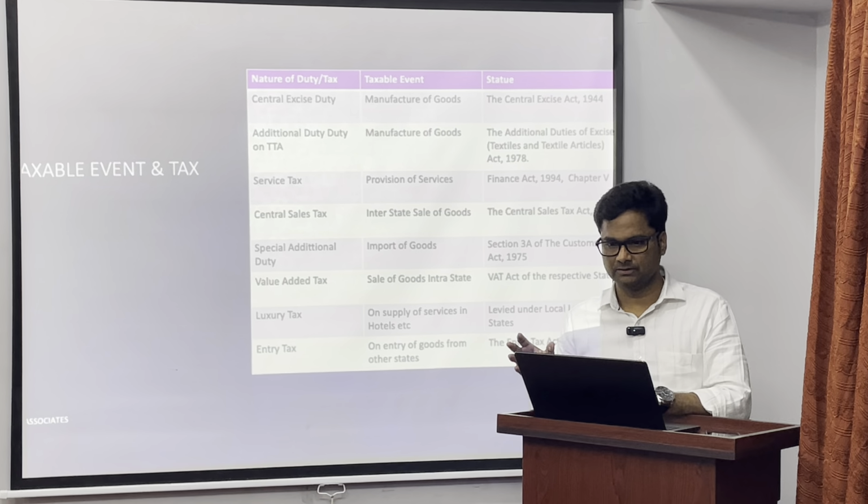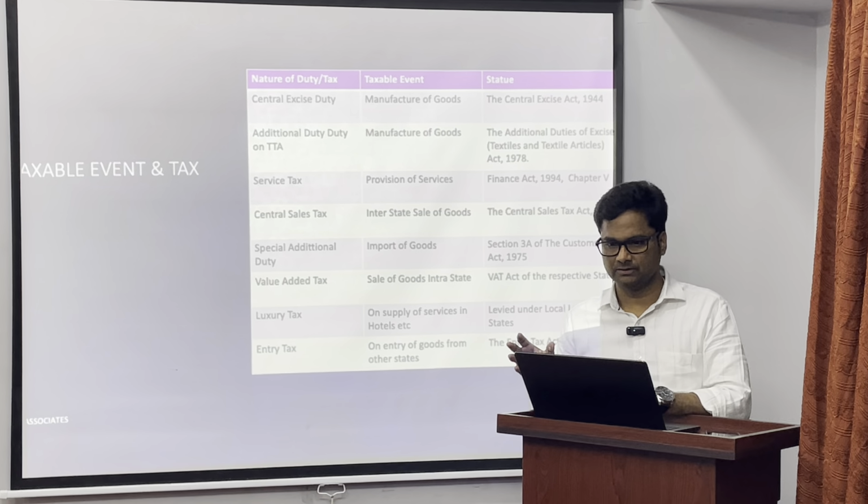So the selling price is inclusive of taxes and you are applying a tax rate on a price which is inclusive of taxes. So you are calculating tax on tax. That is called cascading effect, and therefore increase in price, inflation, and compliance burden. These are all the drawbacks.